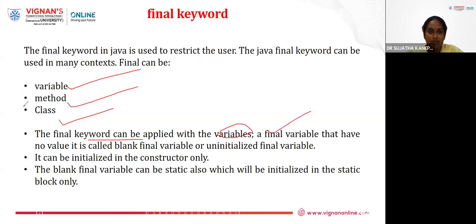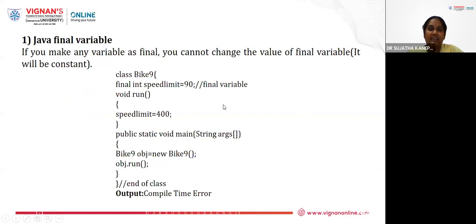If I use the final keyword with a method, that method cannot be overridden. So here you can see, I have written the speed limit variable as final. Now here it is assigned a value 90, but here I try to change its value. It shows an error, right?